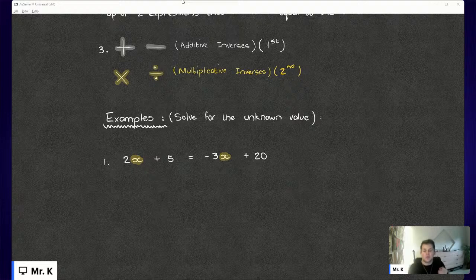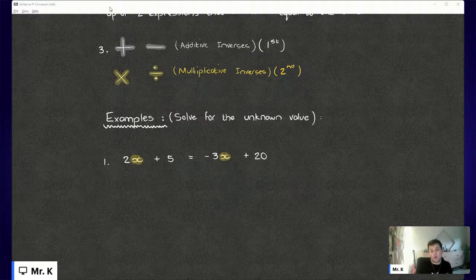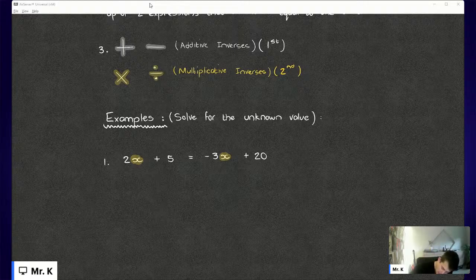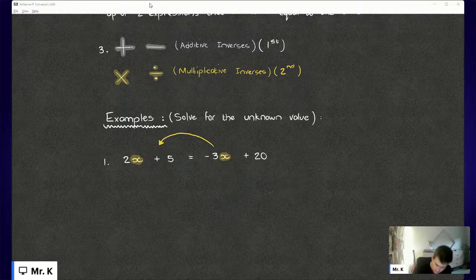So the way we like to do this is by collecting like terms, which you guys know a little bit about by now, right? We want to get all of our variables together and all of our constants together, all the normal numbers. So let's say I wanted to move this negative 3x over to this side because I wanted it to be with the 2x that I already have on the left, right?